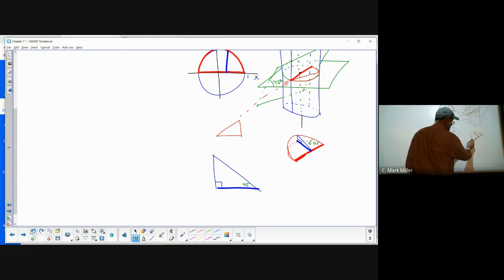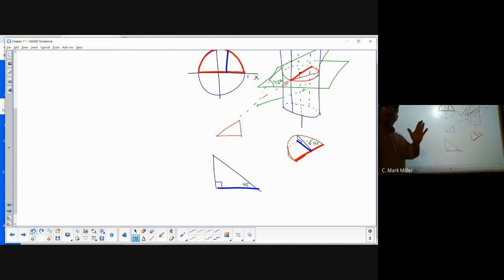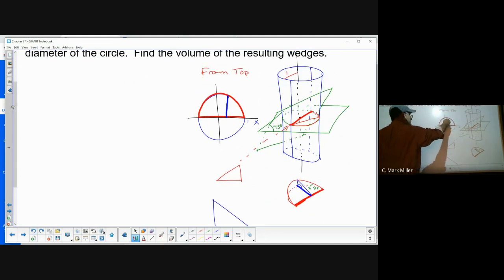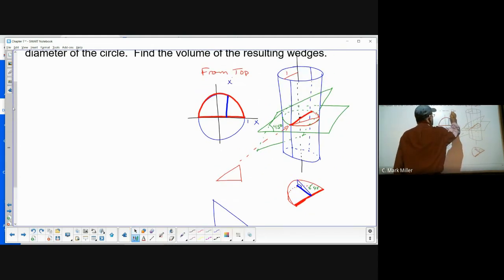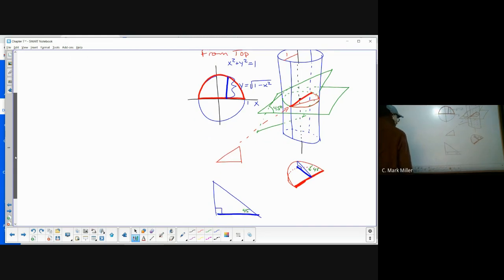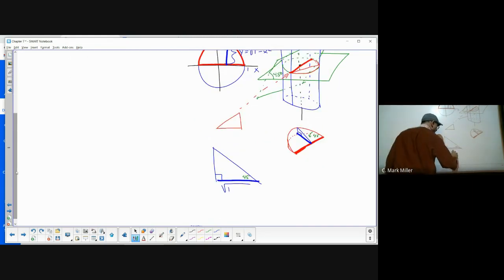At its biggest point it would be 1, but this right here would be whatever the height of the circle is. So this circle is x squared plus y squared equals 1. So the height, this right here, y, is the square root of 1 minus x squared. And that makes this the square root of 1 minus x squared.